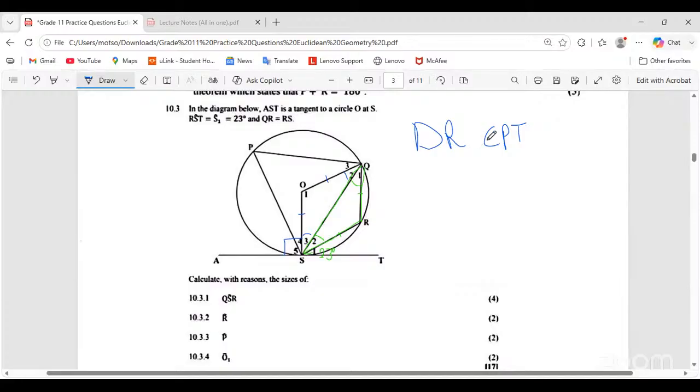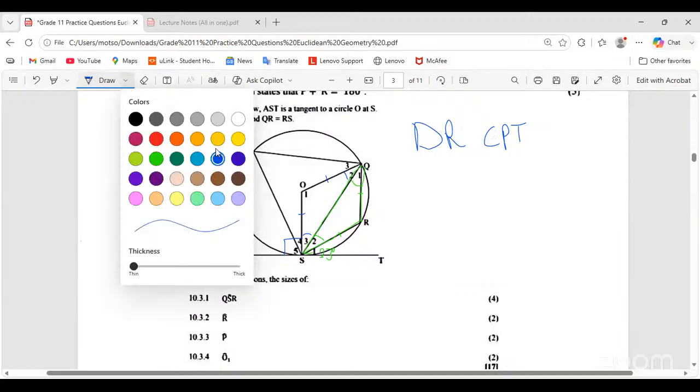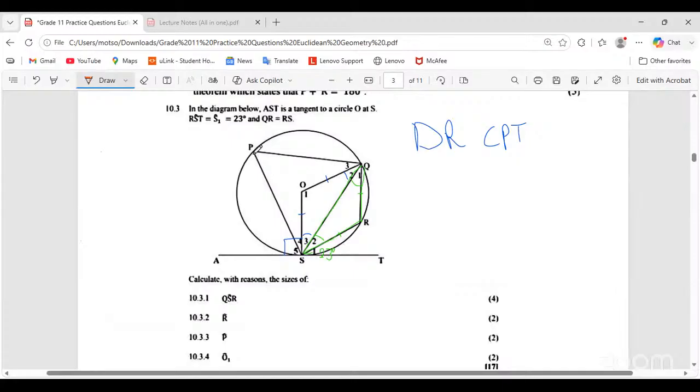We go for the C, a cyclic quad. Here is a cyclic quad with the 4 vertices of this quadrilateral on the circumference of the circle. Angle P and angle R are supplementary, and this whole angle and that whole angle are supplementary.